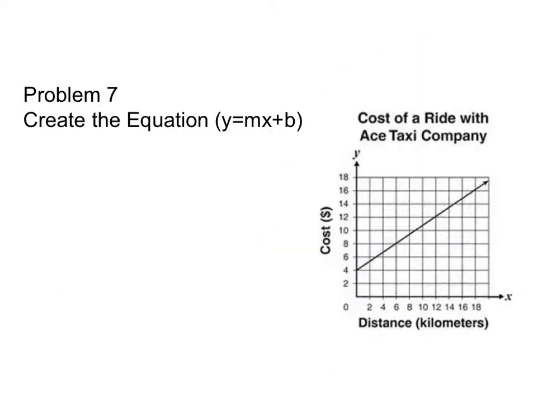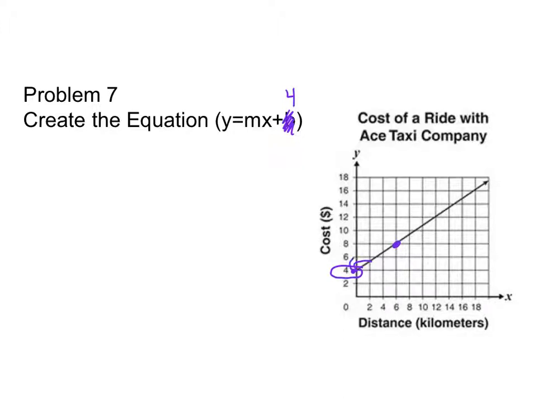Create the equation y equals mx plus b. Okay, so the easiest thing is where our y-intercept is, and right now our y-intercept is at 4. So we know that this is going to be 4. To get to the next point, it will not be from here to here. It's not a good point. So what I'm going to do, I'm going to count from 4 to this point.